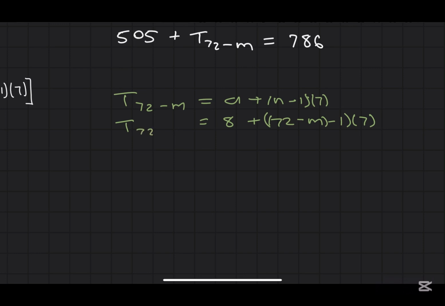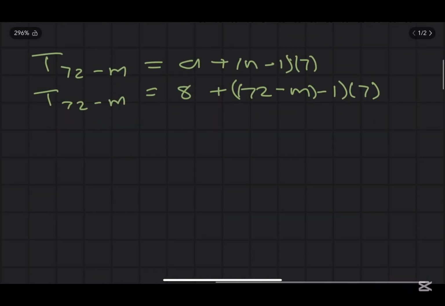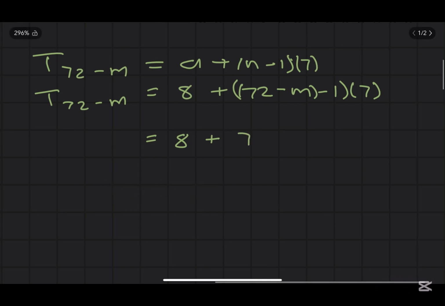T72 minus M. We take the 8, we keep it there, we don't do anything with the 8, and 72 minus M minus 1 is going to give us 71 minus M, multiplied by 7.